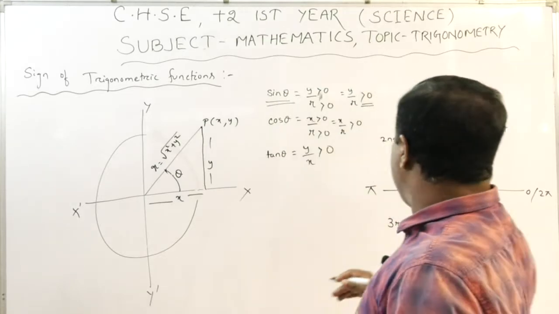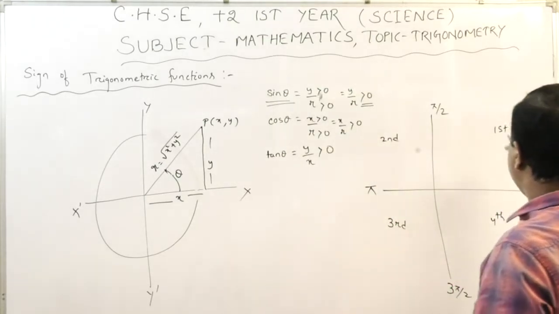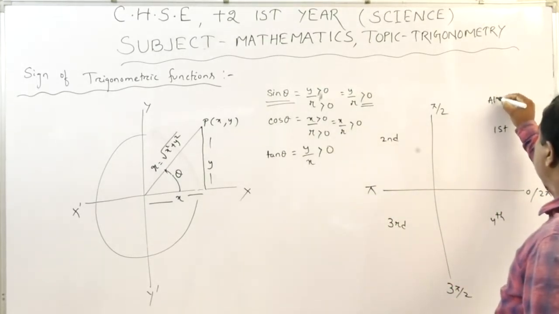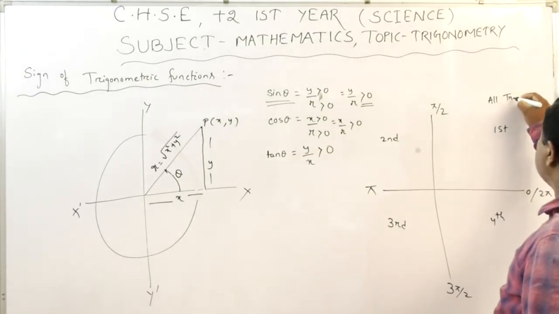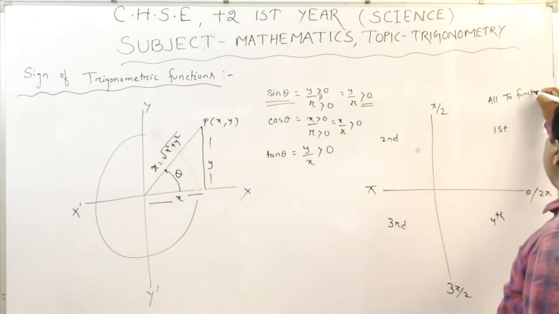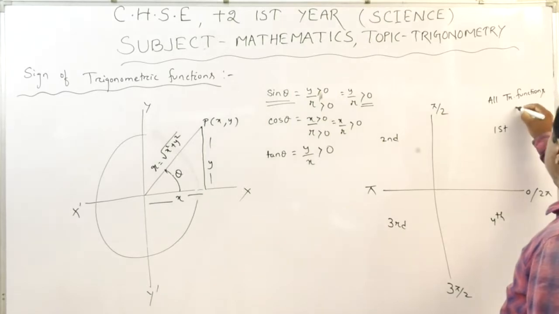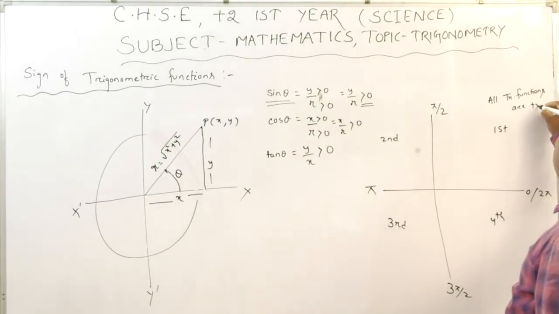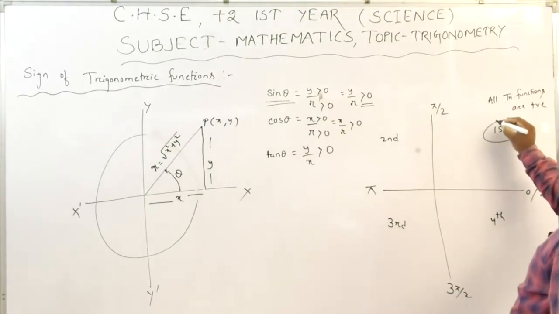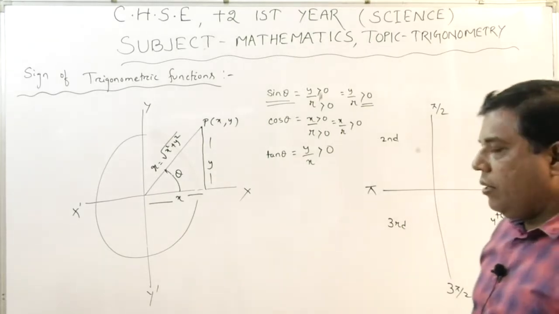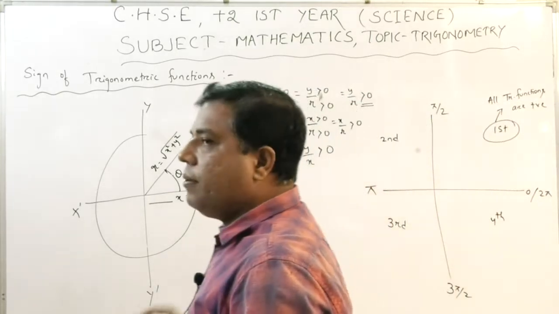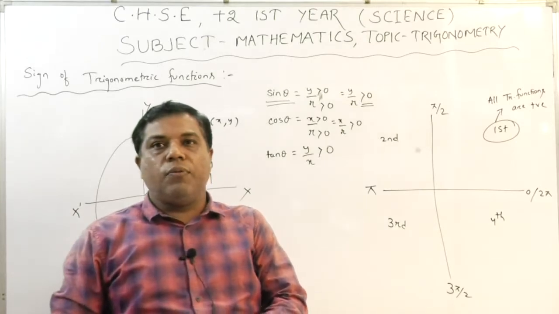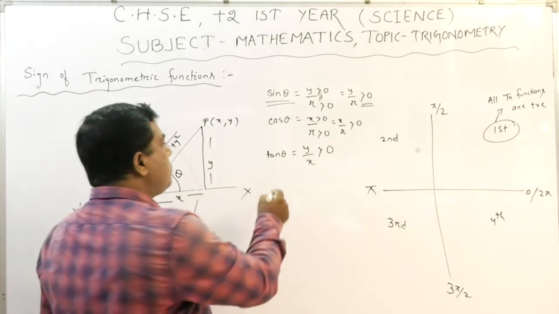So from here we are clear that all trigonometric functions are positive in this first quadrant. Yes or no? From here it is clear that all trigonometric functions are positive.